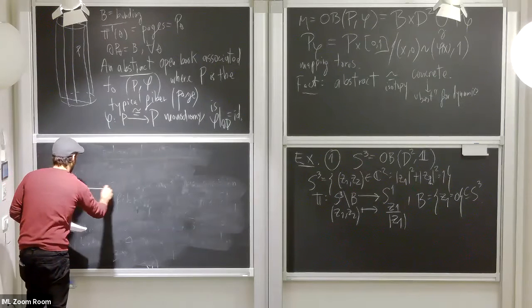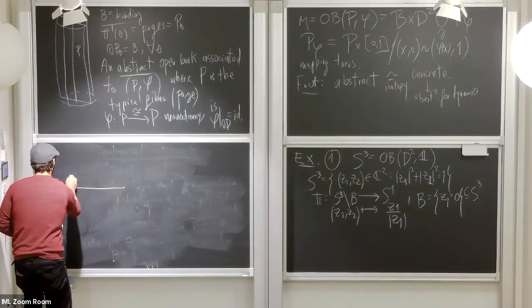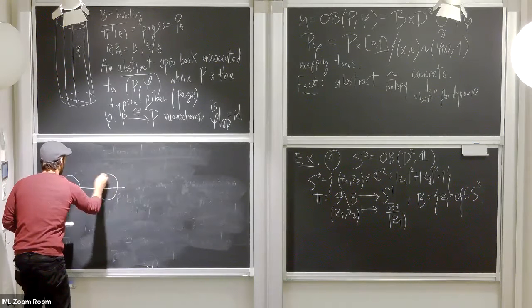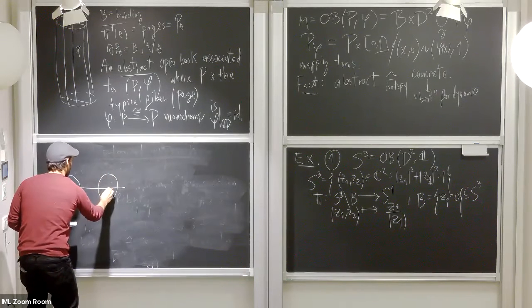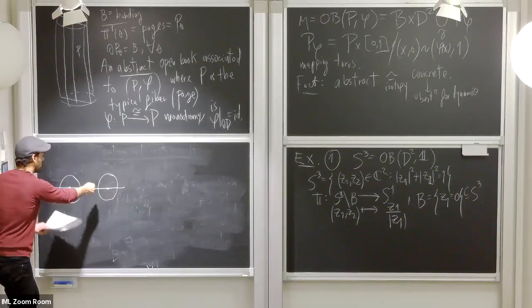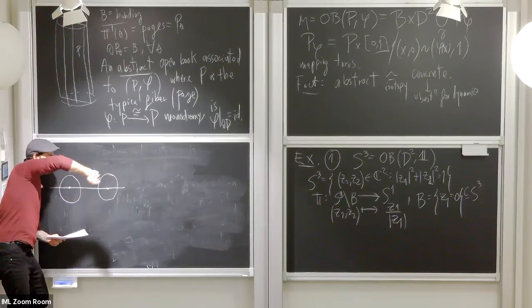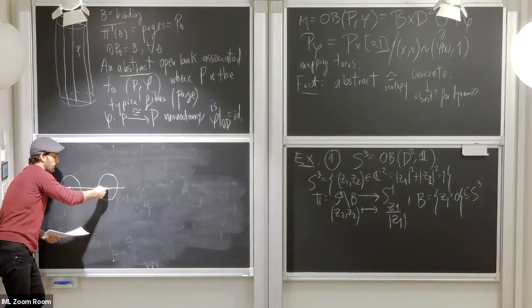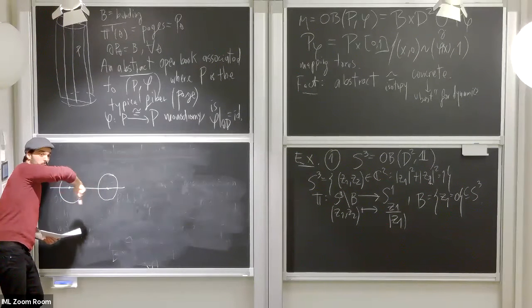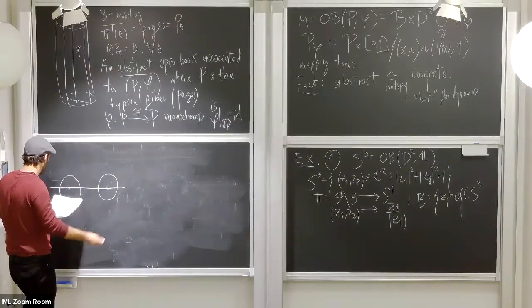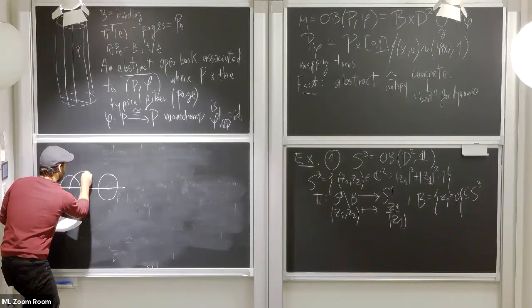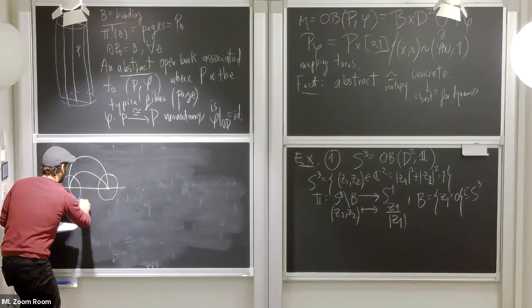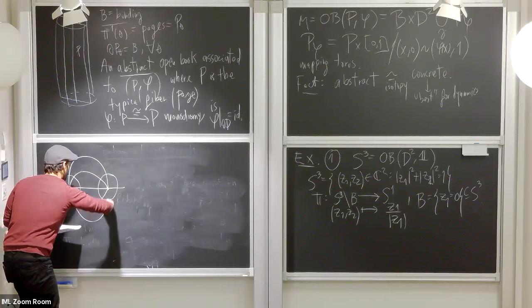I want to think of S3 as obtained by gluing two solid tori along the boundary. Here you need to think this is a solid torus, which I move around in the S1 direction, which I'm not seeing. So here's a circle, and the fibers of this open book look something like this. The pages are disks, and they have the following topology.